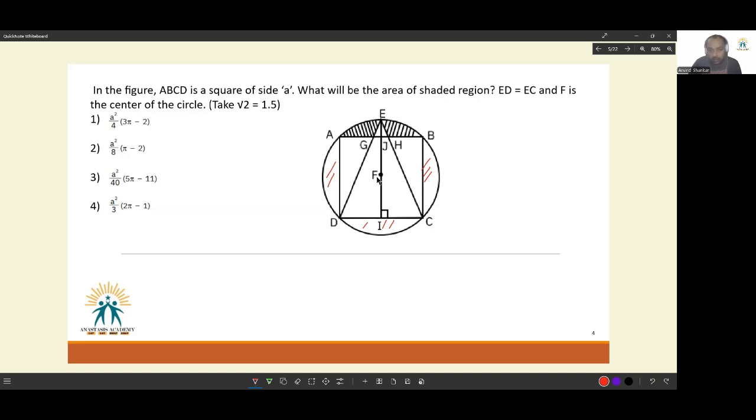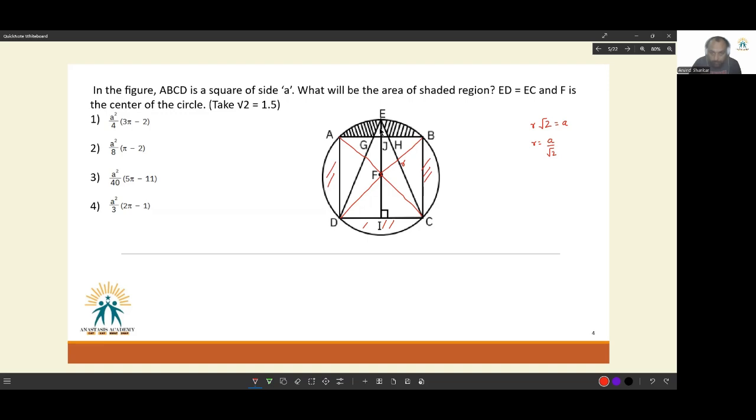So for the area of the segment, first I need the radius of the circle. See, the center of the circle will also be the meeting point of the diagonals of the square. So if this is R, side AB will be equal to R root 2. R root 2 is equal to A, or R is equal to A by root 2. This is known.